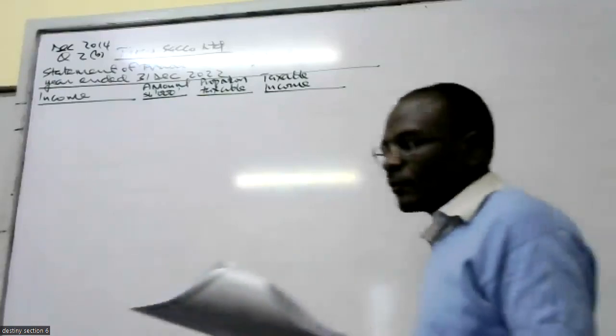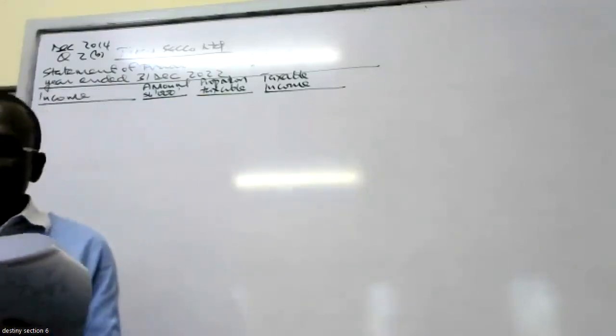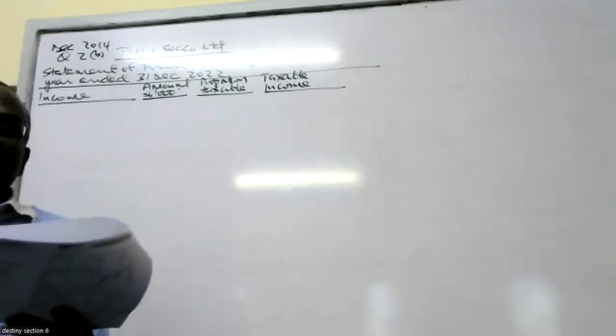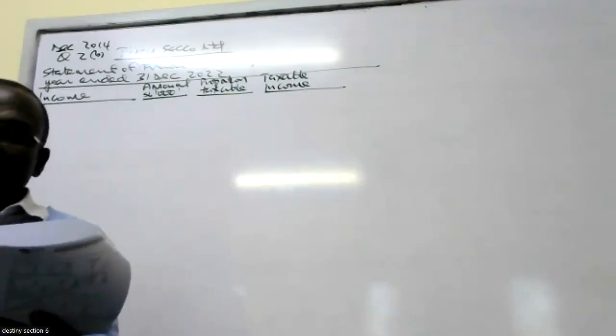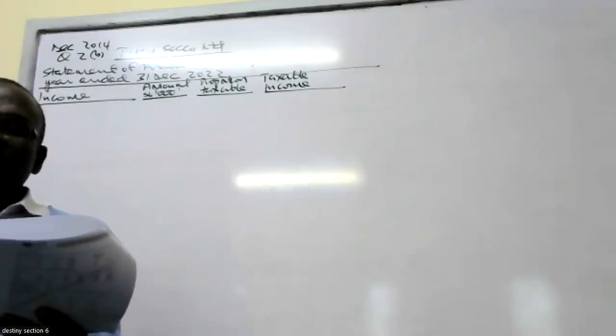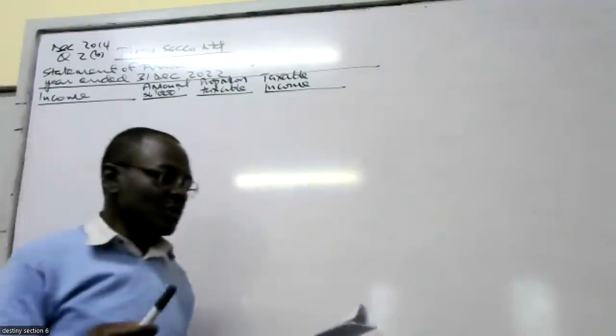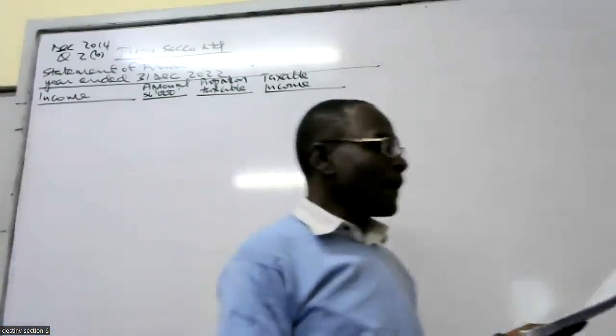You're transacting with yourself. So if you're transacting with yourself, it's not income. So income has to come from outside the firm, outside the company, from third parties. So interest on development loans to members is a mutual transaction, so it's exempted.